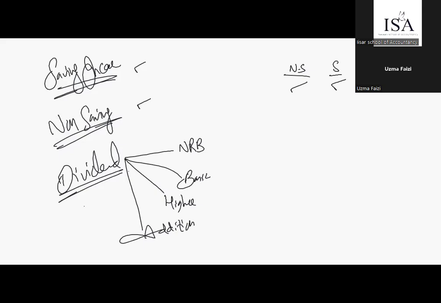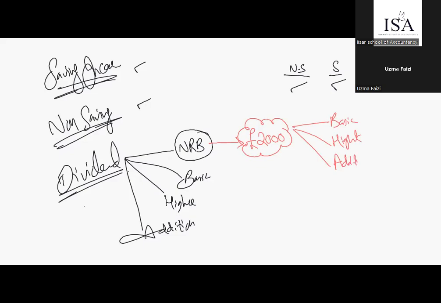There is no start band in dividend income, and there is a difference between the nil rate band of dividend and savings. Nil rate band of dividend has a limit of £2,000. Whatever the status of the taxpayer is, whether basic, higher, or additional, the nil rate band for dividend income will remain the same, and it is £2,000 only.